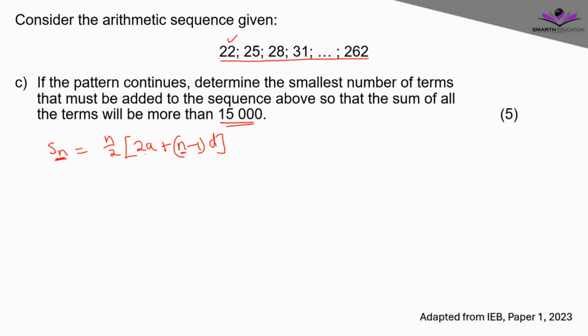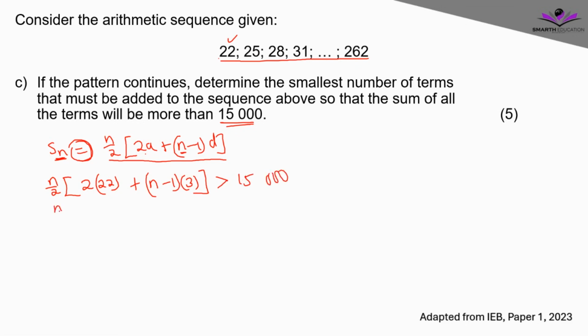Okay, so let me use the equal sign for now. So we're saying this should be just greater than 15,000. So it's going to be our n, that's what we're looking for, over 2, then 2 times 22, that is 2 times a, plus n minus 1, then times 3.